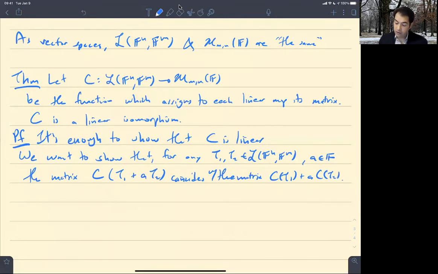Okay, so I want to show that this matrix is the same as this matrix. And a fast way of doing that is to show that every column of this matrix is the same as the corresponding column of this matrix.